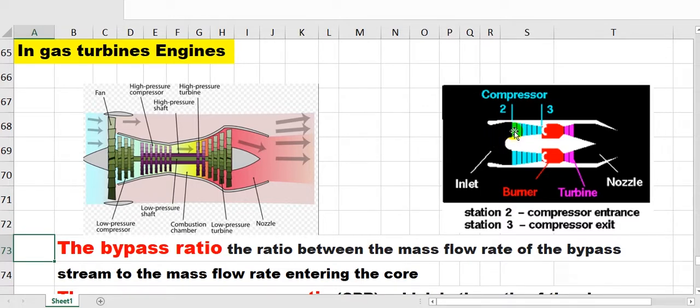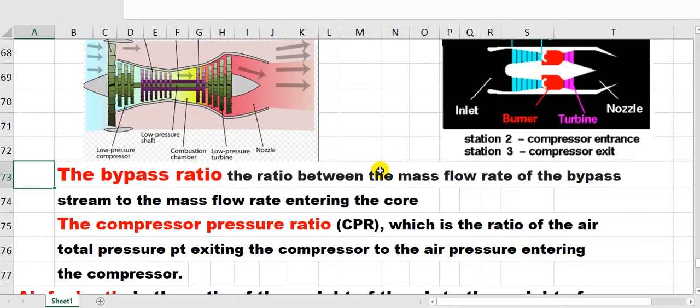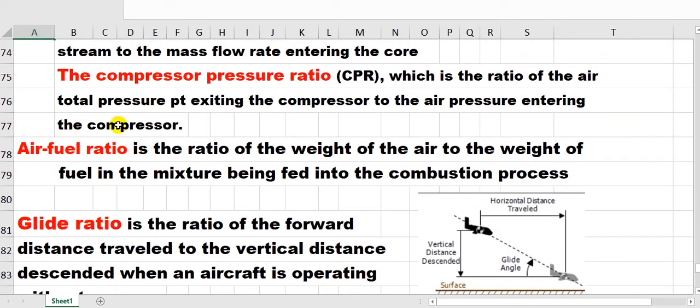The air enters the compressor at stage 2. This is the inlet. And the exit of the compressor is at stage 3. So the value here divided by the value here, we call it the compressor pressure ratio.